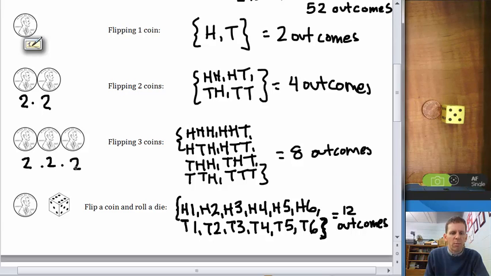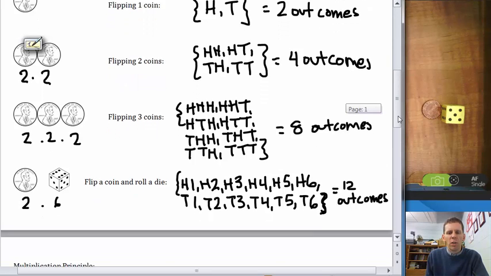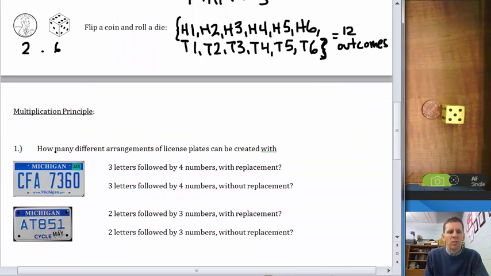If you multiply these numbers together, you get 8. Or 2 options for the coin flip, 6 for the dice roll, 2 times 6 is 12. This idea of multiplication to find the number of outcomes is known as the multiplication counting principle, or the multiplication principle. It says if task 1 can be done A ways and task 2 can be done B ways, then both tasks can be done A times B ways.